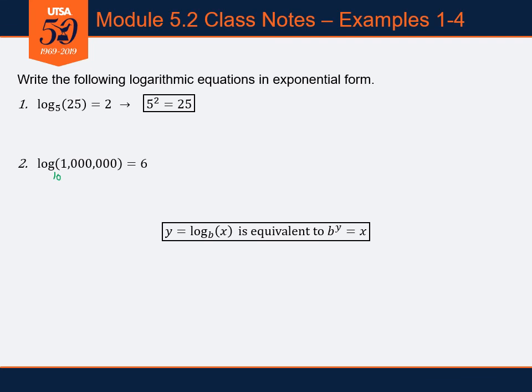Log with a base 10 and a result of 1,000,000 is equal to a power of 6. Base 10 to the 6th power gives you a result of 1,000,000. There's the same fact in exponential form. We'll play with logarithms, logarithmic form, and exponential form a lot more in upcoming examples in 5.2.